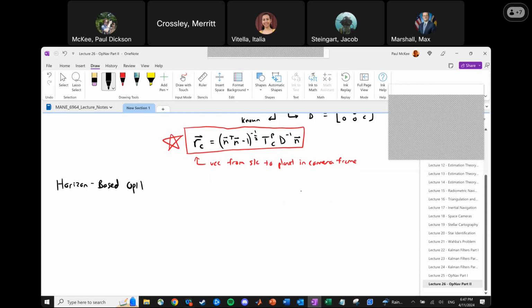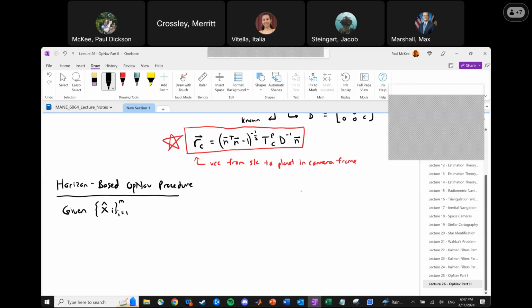This is our horizon-based OpNav procedure. Okay, so given, how do we want to set this up? Given x_i, from i equals 1 to m.